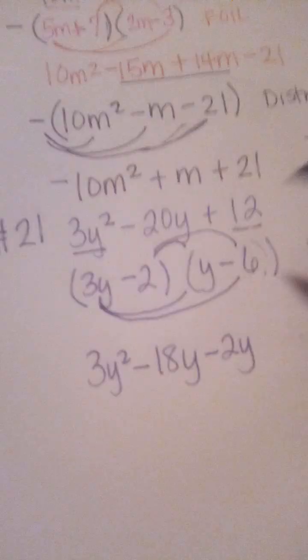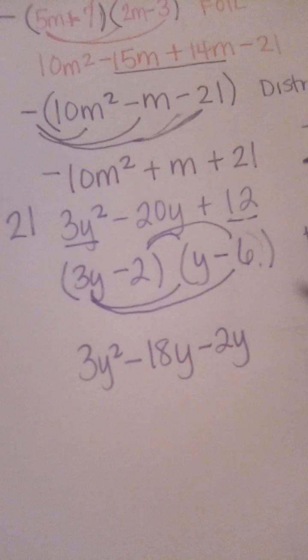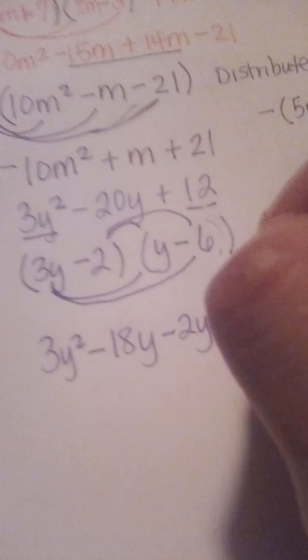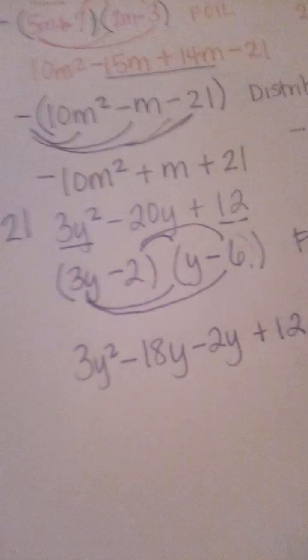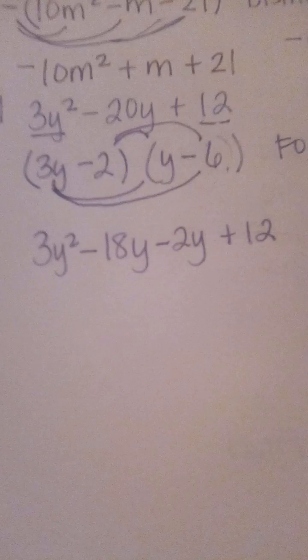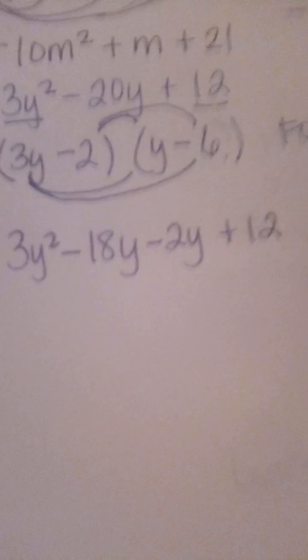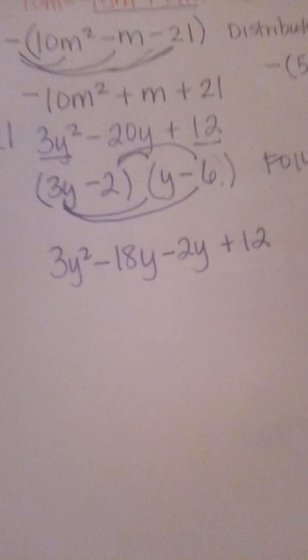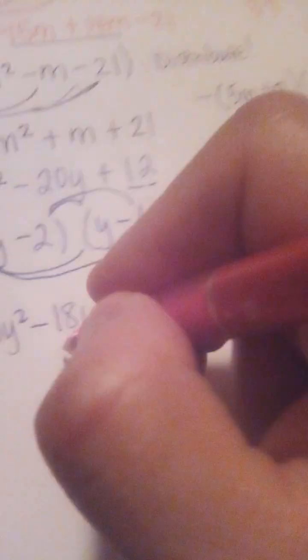And then a negative times a negative equals a positive, so 2 times 6 gives us 12. We're almost completed in the cleanup process. Now, are there any combined terms? Yes. Negative 18y and negative 2y give us negative 20y.